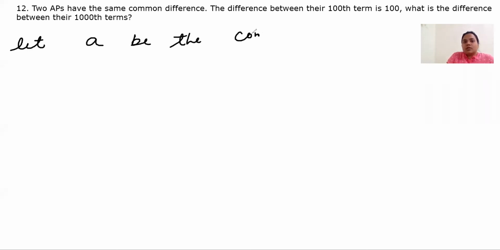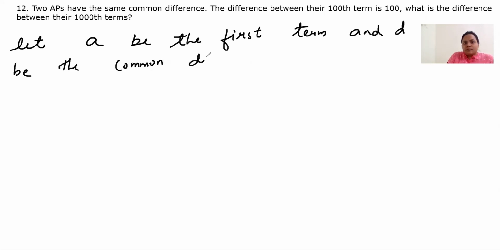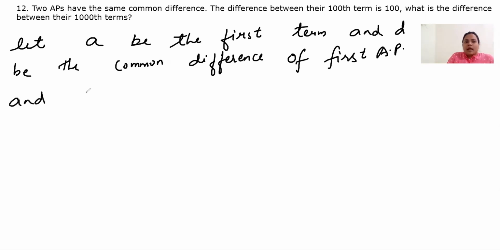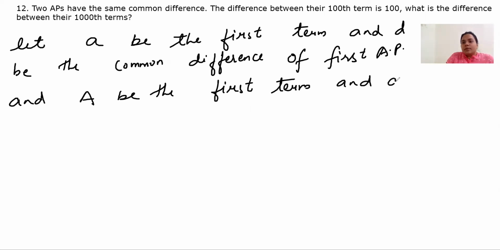Let A be the first term and D be the common difference of the first AP, and capital A be the first term and D be the common difference of the second AP.